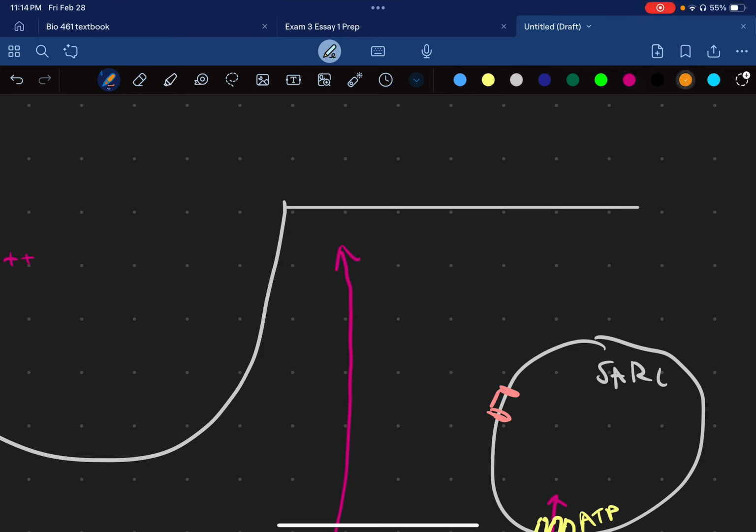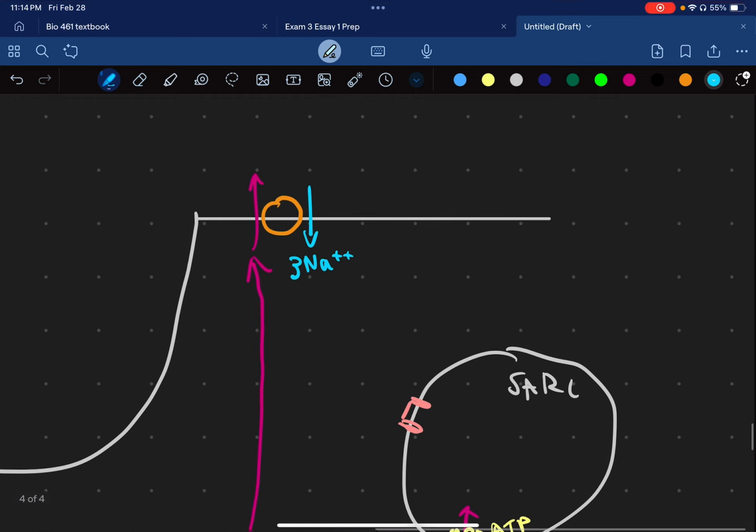As it is pumped out, three sodiums will come in. And then to maintain this gradient so that the sodium can help the calcium come in, there's going to be another ATP, or sodium potassium pump, as we've seen before.